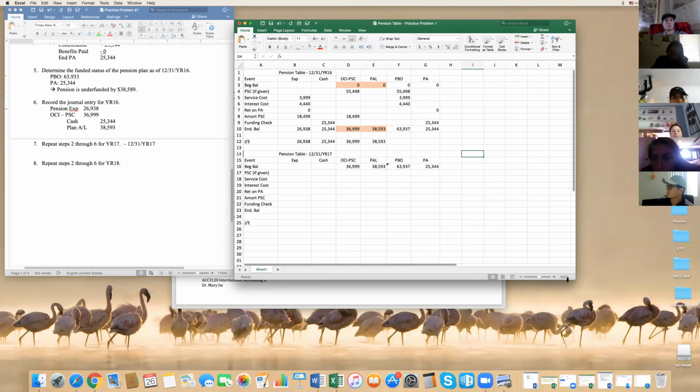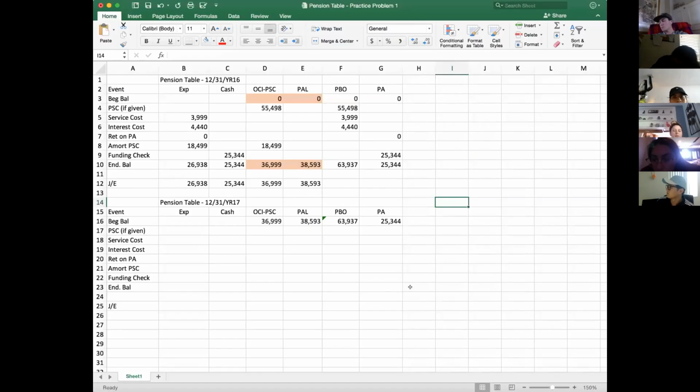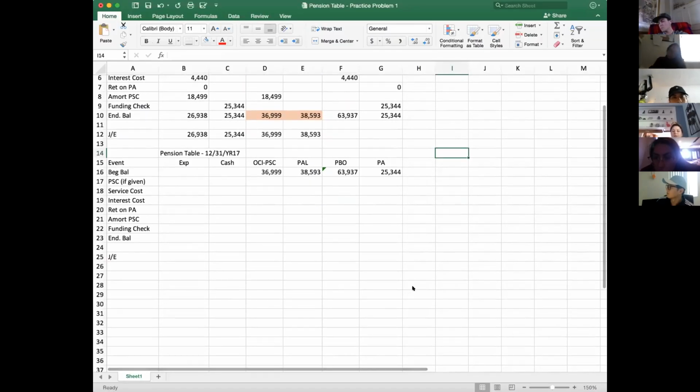So now let me just share the Excel file. How do you want to start this? If you have this Excel file in front of you and if it is asking you to prepare the journal entry for year 17, how would you start this problem?